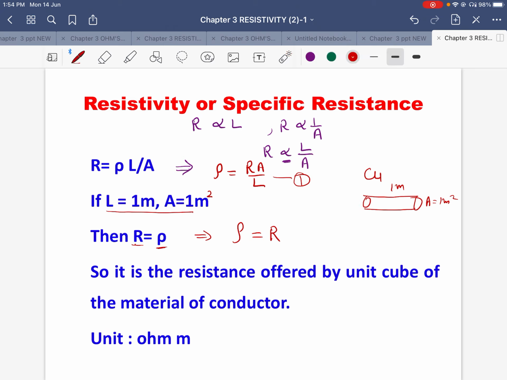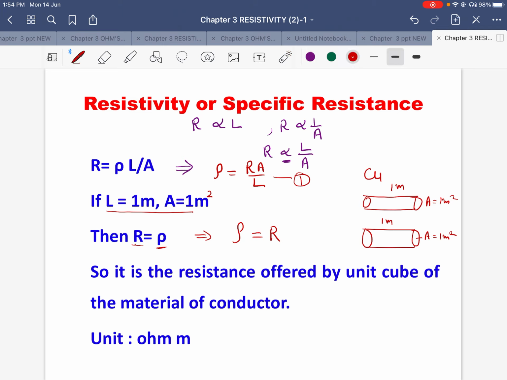Similarly, if we have to find the resistivity of aluminium, then we have to consider the aluminium rod having length 1 meter and area of cross section equal to 1 meter square. Then the resistance of this aluminium wire whose length is 1 meter and area of cross section is 1 meter square, then that resistance is known as resistivity of aluminium.